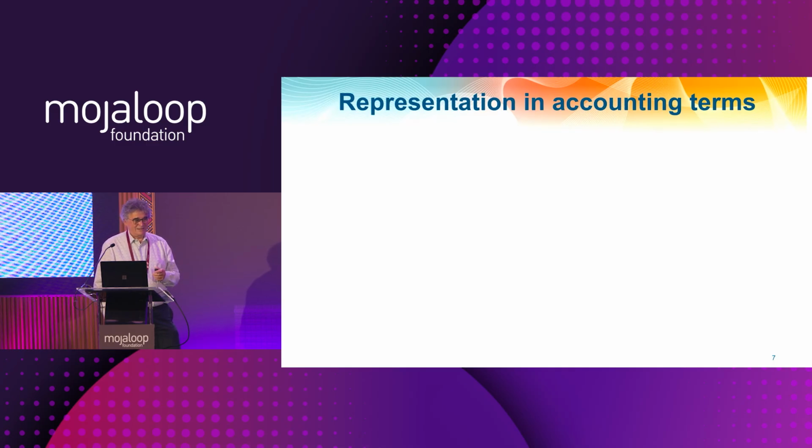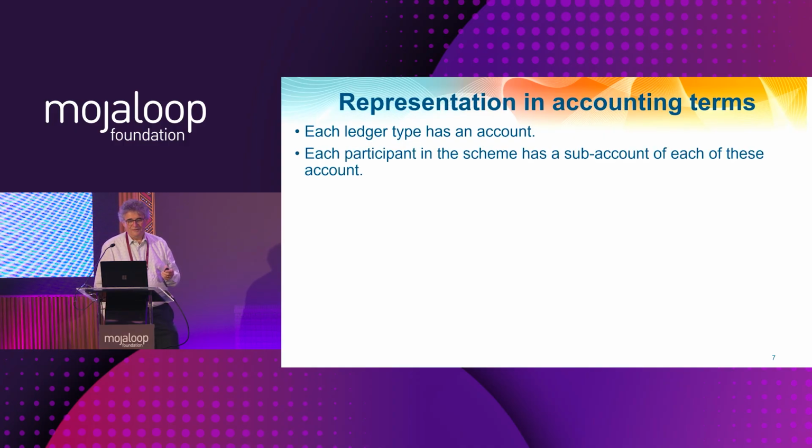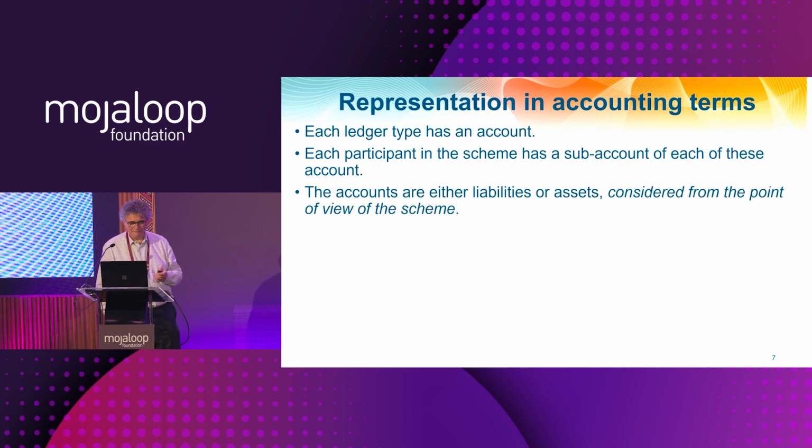Right, now let's start thinking about things in accounting terms. So each ledger type has an account, and each participant in the scheme has a sub-account of each of these accounts. Oh, I can't spell. Sorry about that.